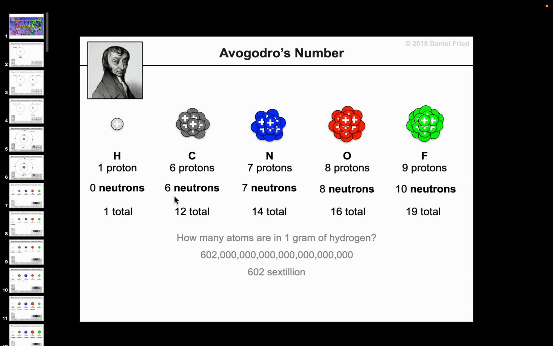So here's how much. This is hundreds, thousands, millions, billions, trillions, quadrillion, quintillion, and finally we have sextillion. Or we can write it in scientific notation.